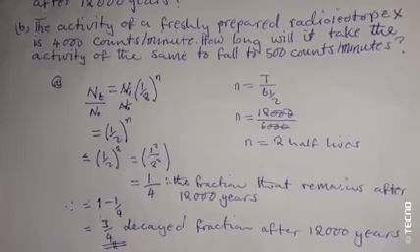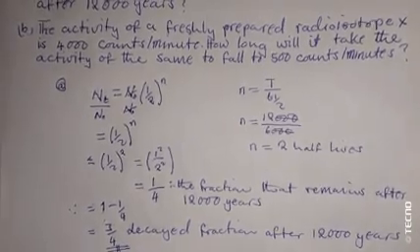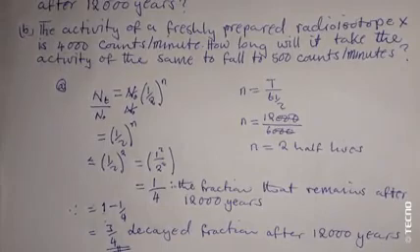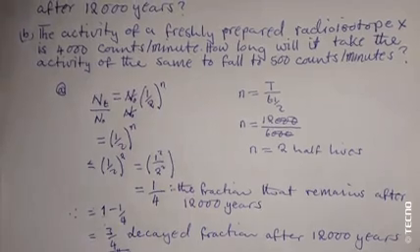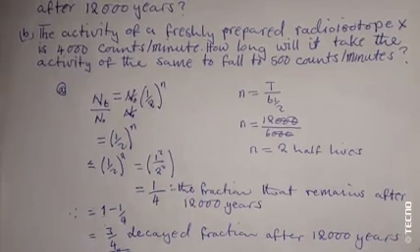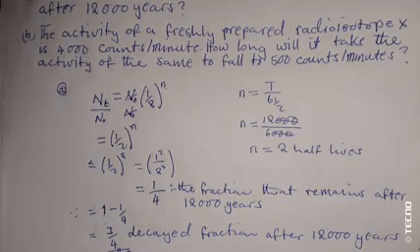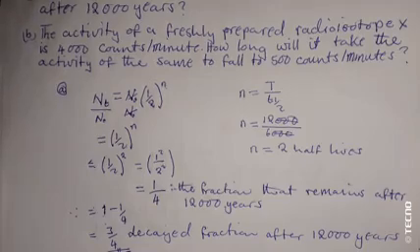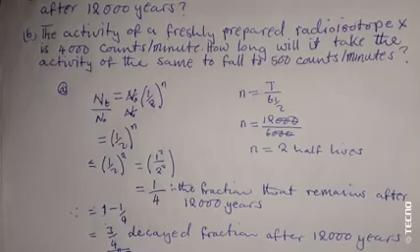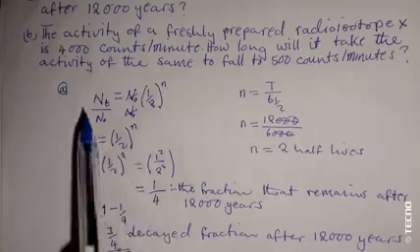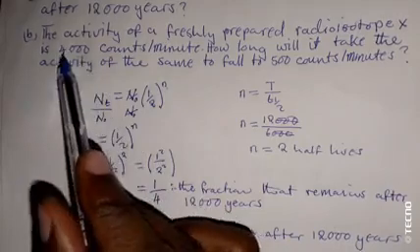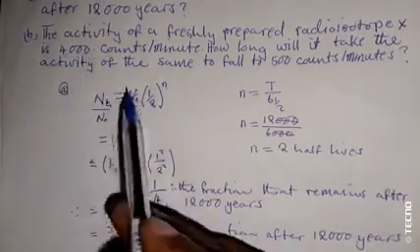Then the second one: the activity of a freshly prepared isotope X is 4,000 counts per minute. How long will it take the activity of the same isotope to drop to 500 counts? So here we have these two values. We have 4,000, which is the initial.